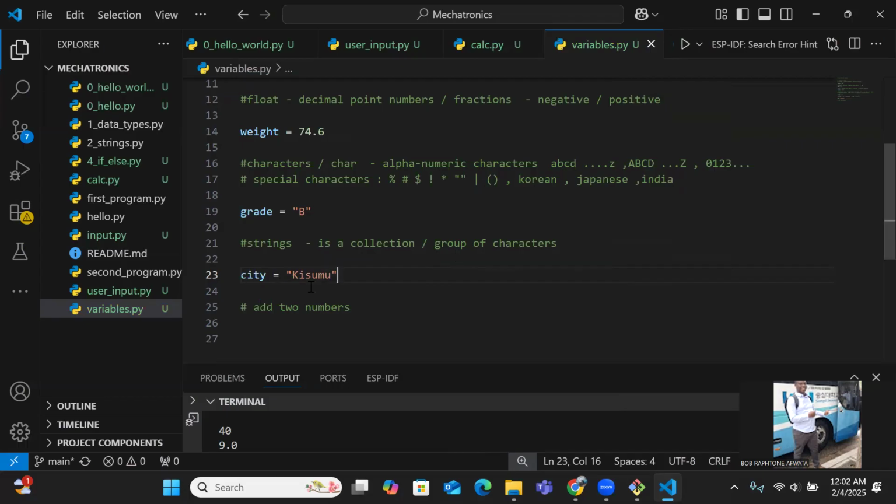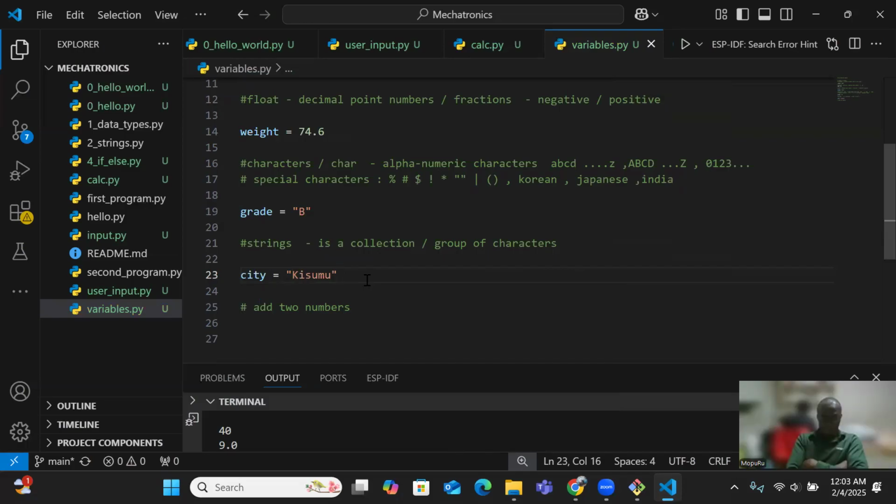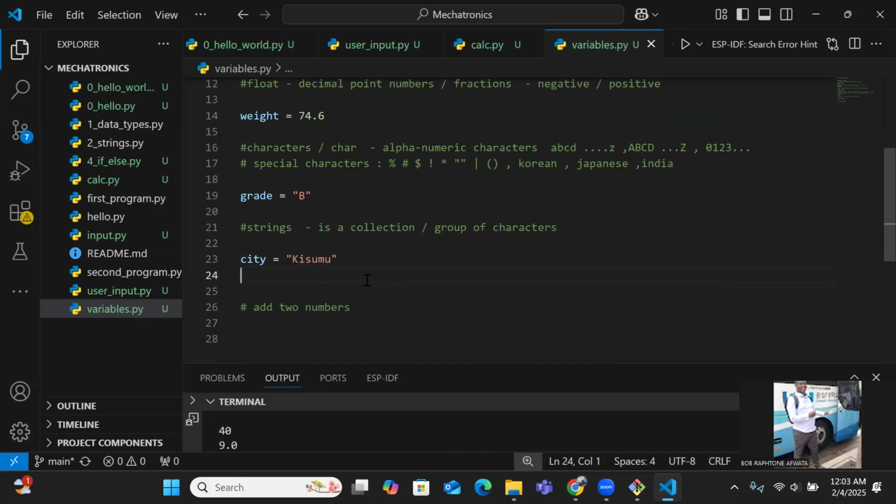If you look at this Kisumu, it has 1, 2, 3, 4, 5, 6 characters. Can you see that? If I say your phone number, then you put it in quotes. Then you say plus 82 or plus 254.